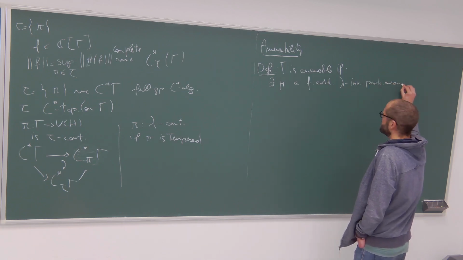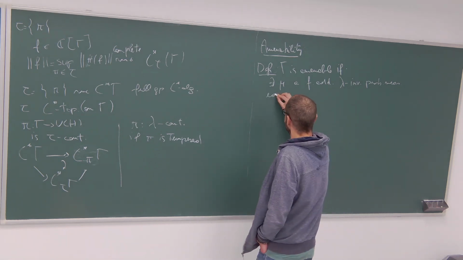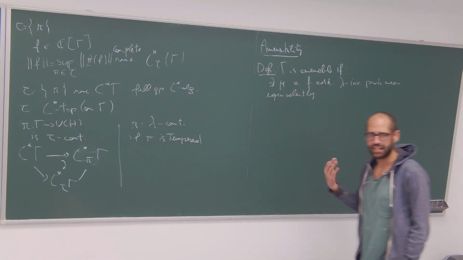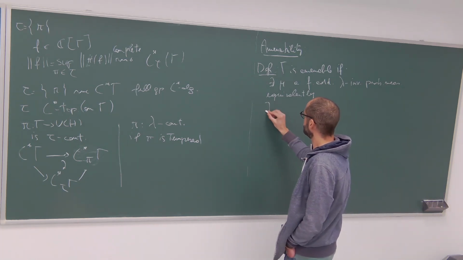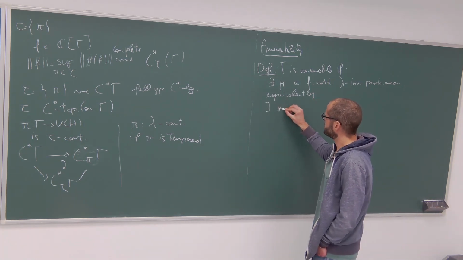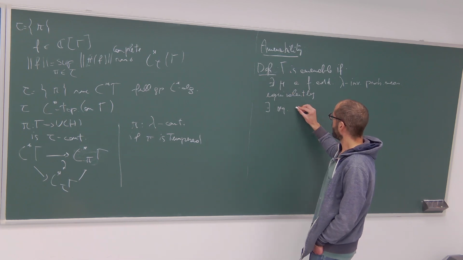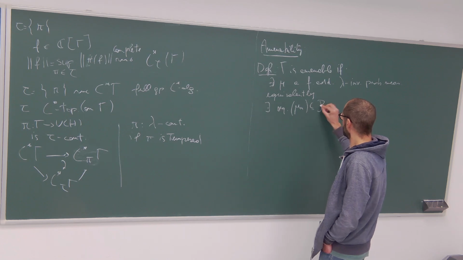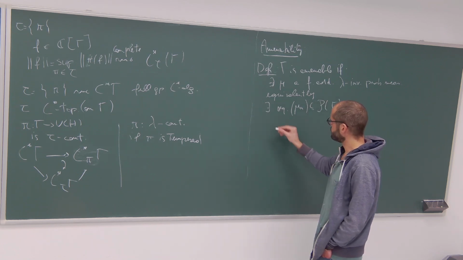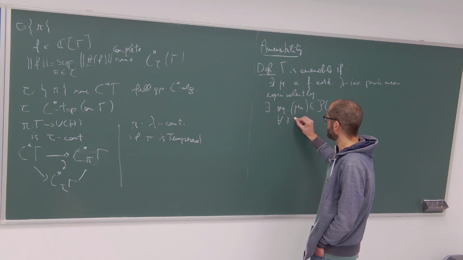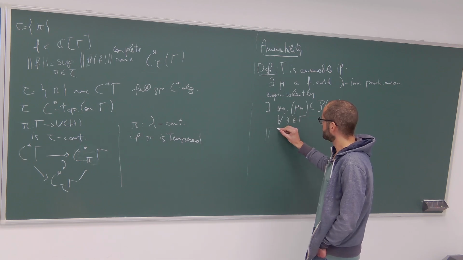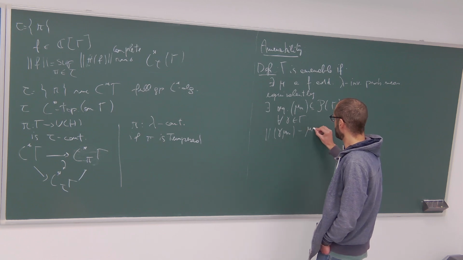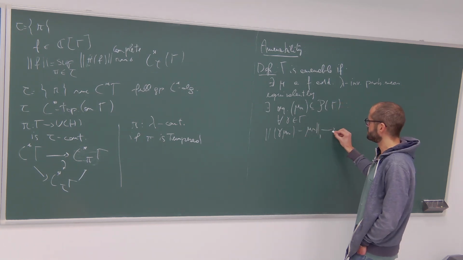Equivalently, using some approximations, this is equivalent to the fact that there is a sequence, since my group is countable, let's call it mu n, of probability measures on the group, such that for every gamma in the group, if I look at the translation of the measure by the element gamma minus mu n, in the norm 1, this goes to 0.